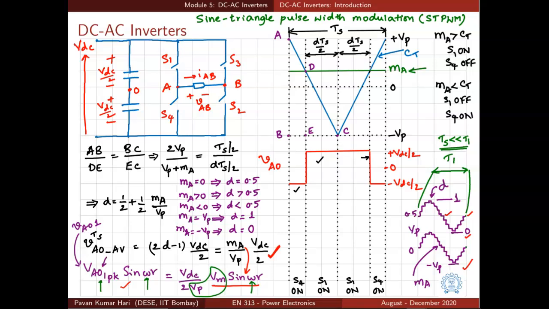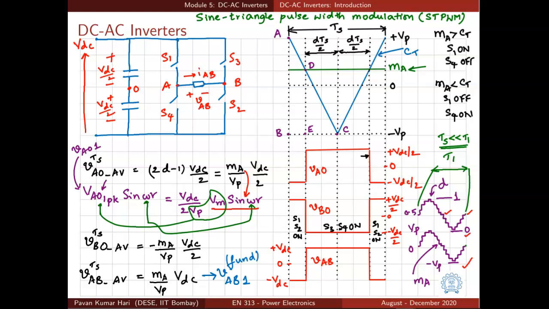So we have a sinusoidal modulating function and a triangular carrier function. Both are being compared against each other to generate a train of pulses which have sinusoidally varying duty cycle and which produce a desired fundamental component, and the magnitude of the fundamental component and frequency are controllable as mentioned earlier.